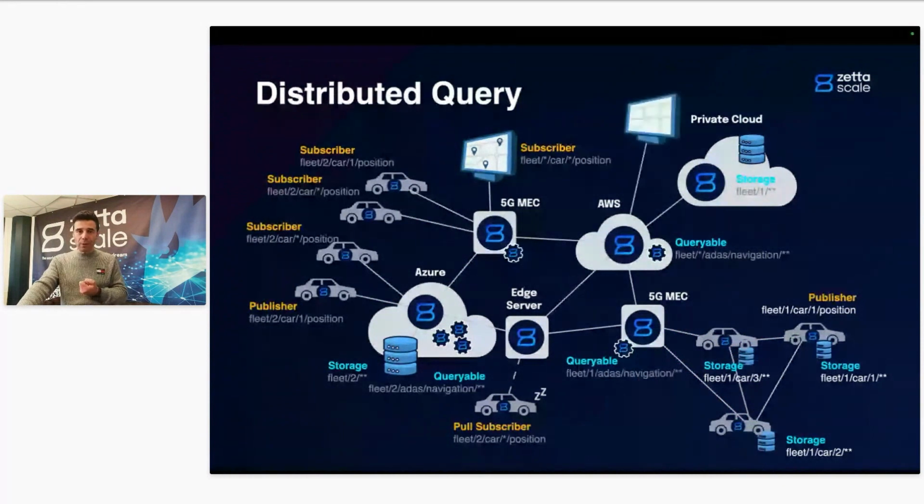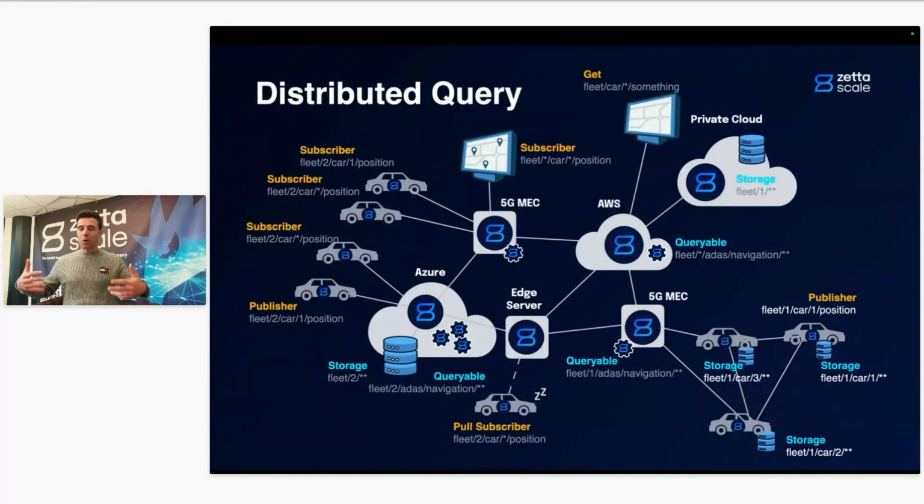But if I move around, or somebody else on the other side of the world issues the same query, maybe the data is already available in a data center that's closer to me, and I might get it from there. So that's another interesting aspect of Zeno: for how the protocol works, it naturally supports load balancing and mobility.